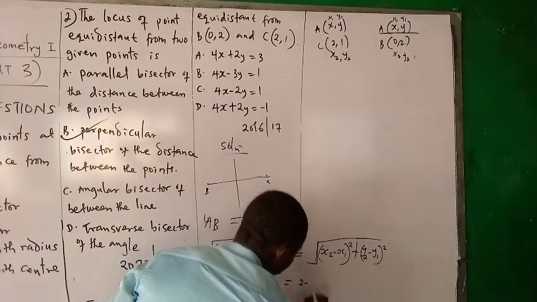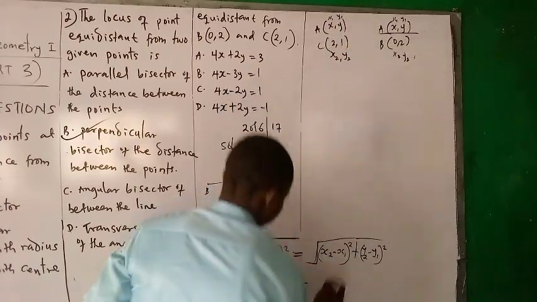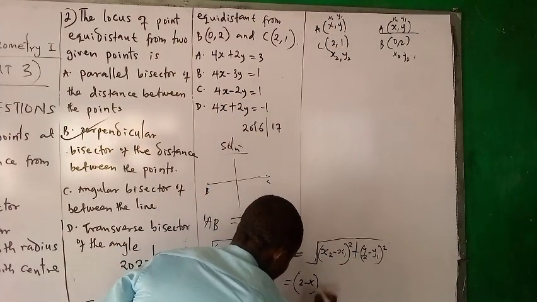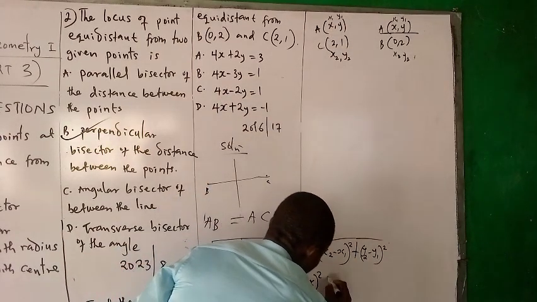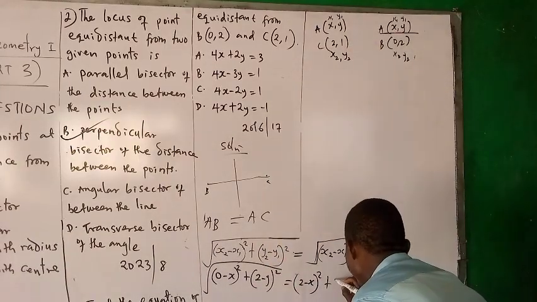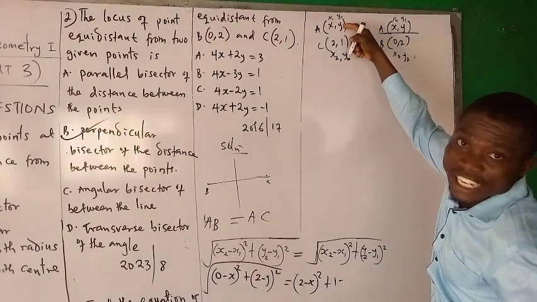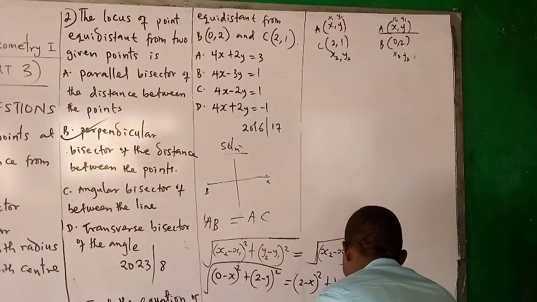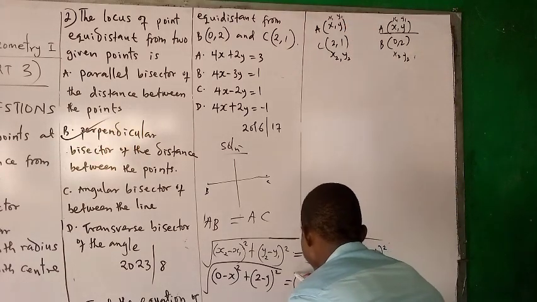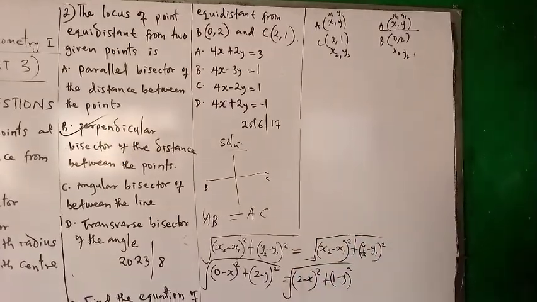I write 2 minus x1, which is x, so I write x square, plus y2 is 1. So I write 1 minus y1, which is y. I write y all square. Remember to put your square root.